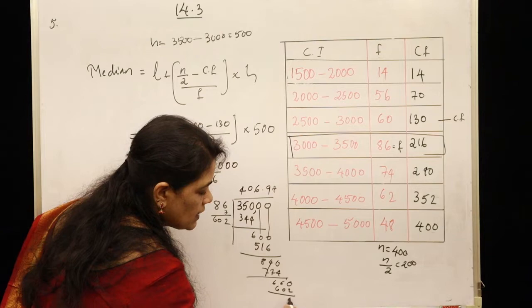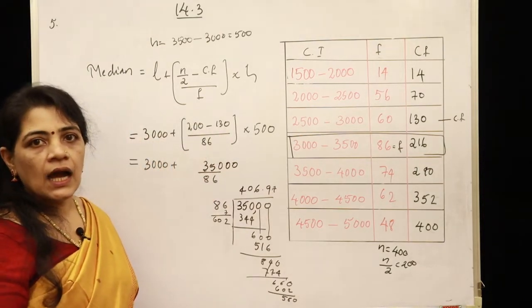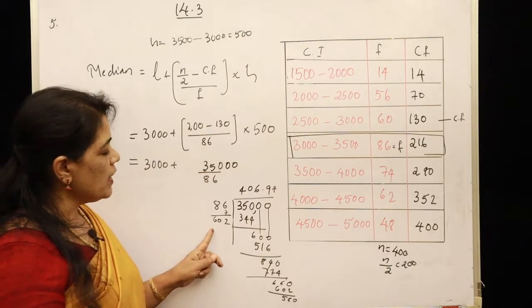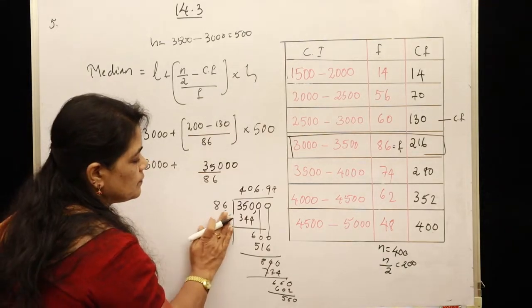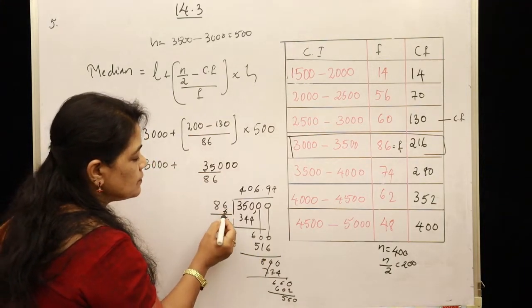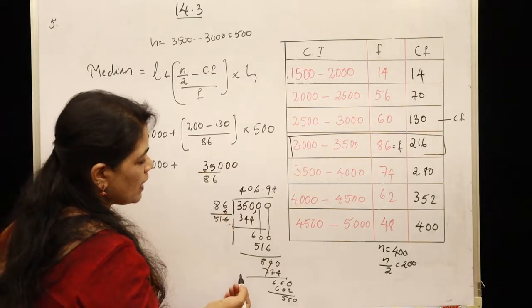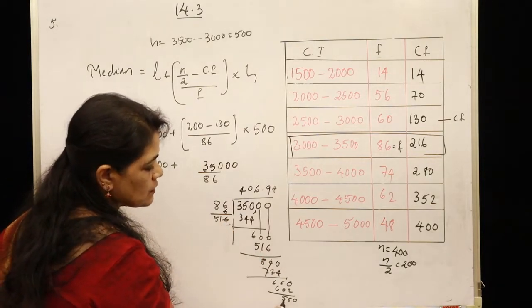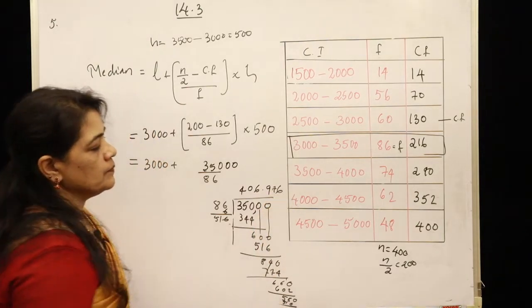You will have 58, one more place, 580. In 580 you can definitely take 6. 6 6s are 36, 3 carries, 516.